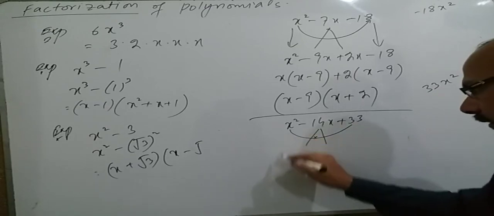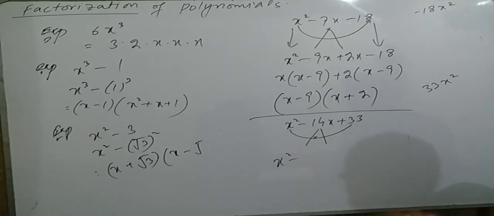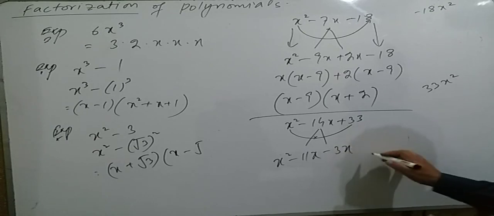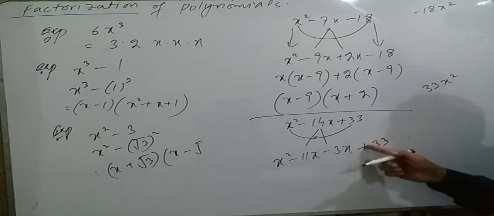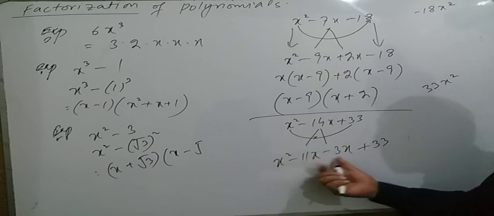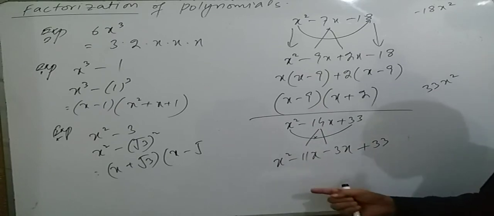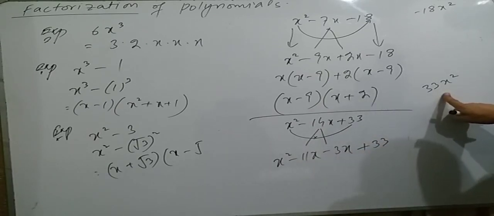So the first will remain unchanged, x square minus 11x minus 3x and plus 33. This will also remain unchanged. Minus 11 minus 3 is minus 14. Minus 11 multiplied by minus 3 will become plus 33x square.